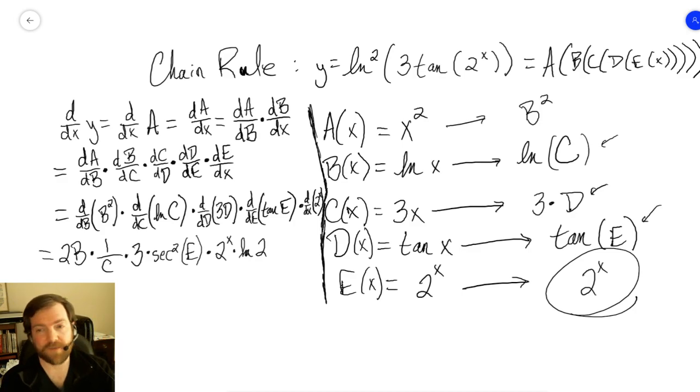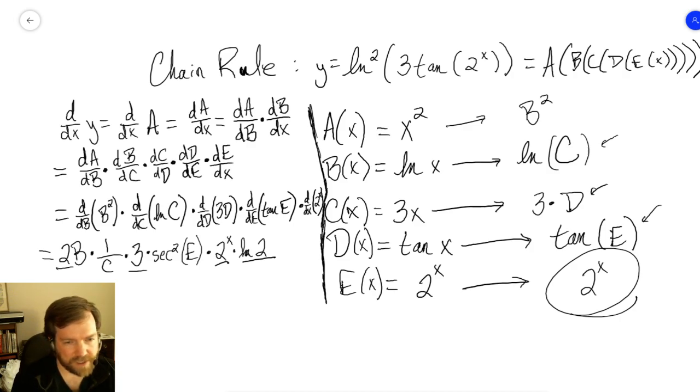Now, we have to very carefully go all the way back through this and plug stuff in. So let's take all the constants out front first. So this is going to be 2 times 3 times natural log of 2, and we'll bring the 2 to the x out there as well, just to get it out of the way.